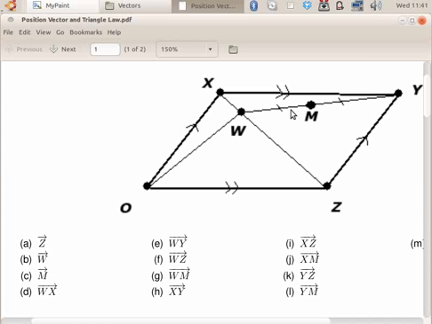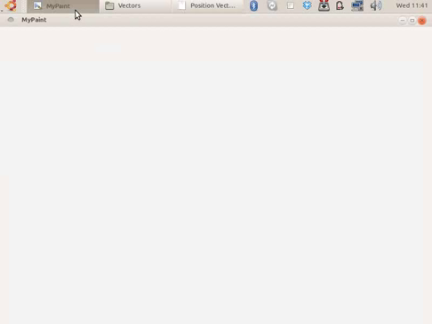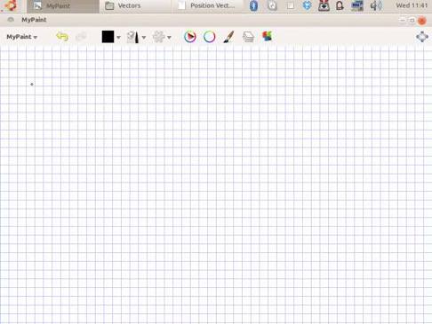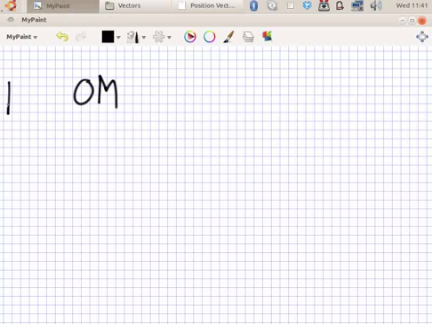OZ, ZY, YM. Yeah. Do we write plus in between? Oh, yes. Let's have a look at this one here. OM. Okay. OM, well, maybe to be more explicit, M. By the way, guys, I'm getting tired of putting the little arrows on the top, so I'm going to stop doing that. Because this looks like bold.